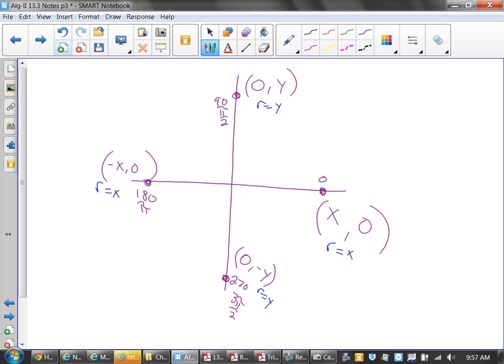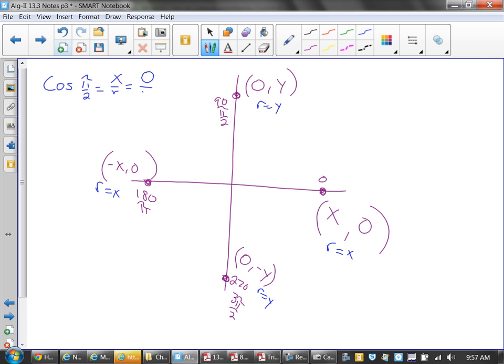Okay. Again, if I wanted to see what the cosine of pi over 2 is, cosine is what over what? X over r. Yeah, adjacent to hypotenuse. So this is going to be x over r. And at pi over 2, my value of x is 0.